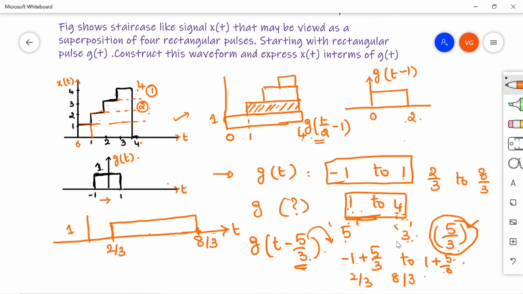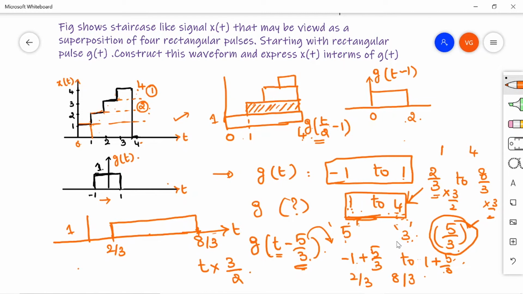After shifting, you have to scale this down to the 1 to 4 range. To get the lower limit as 1, as I have 2 by 3, just multiply it by 3 by 2. Here also by 3 by 2. What you will get is 1 and 4. So the time here has to be multiplied by 3 by 2.